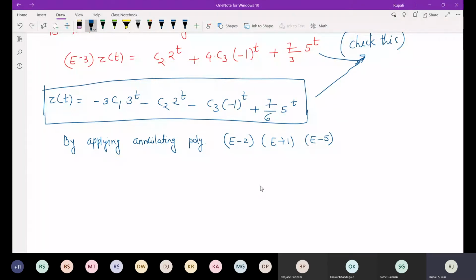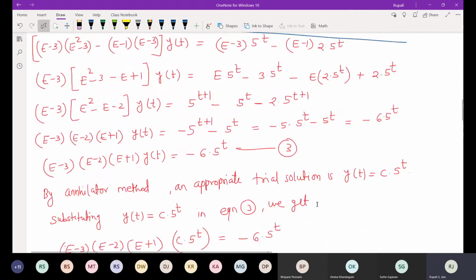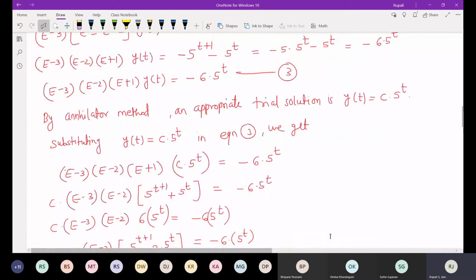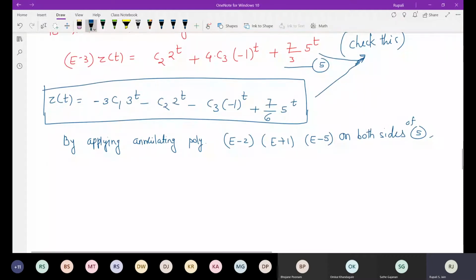By applying the annihilator polynomial on both sides of equation number 5, we get (E-2)(E+1)(E-5)(E-3) Z(t), which is equal to 0.